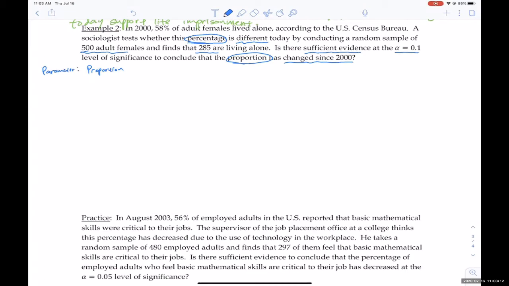Before we gather information, what is your observational unit? Who are we observing? The females in the United States. More specifically, because we sampled 500 adult females, we are observing adult females, very good. What is the variable here?